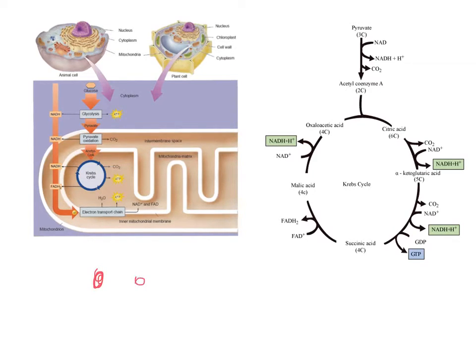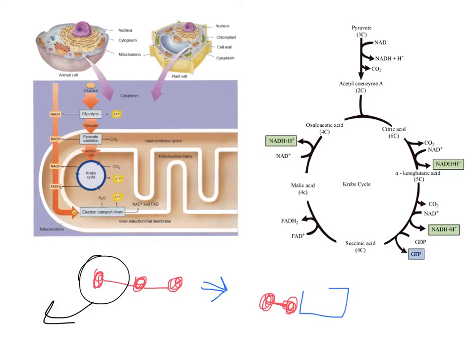If you have 3 carbons in a row, and you take 1 away, then you're left with 2 carbons, and these 2 carbons are attached to acetyl-CoA.